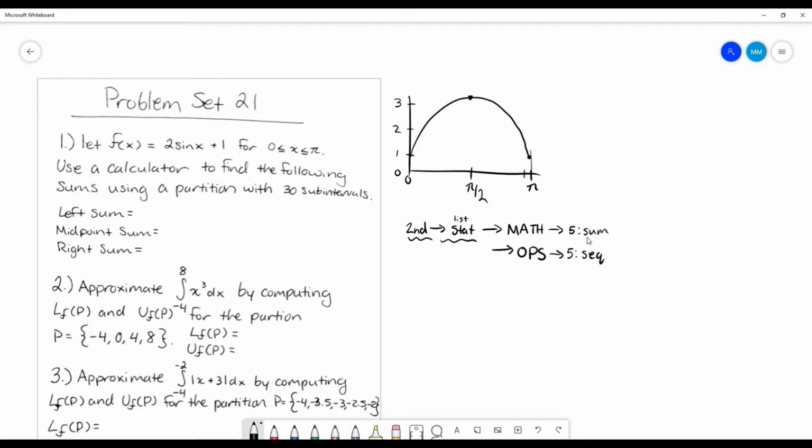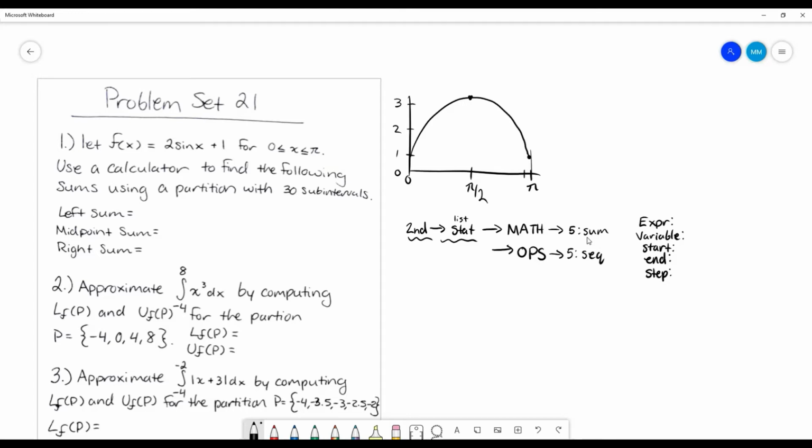We're going to select that, and then once we pull that up, on a TI-84 it's a little easier to see, we're going to have a page that looks something like this. Let me just write it out. Okay.